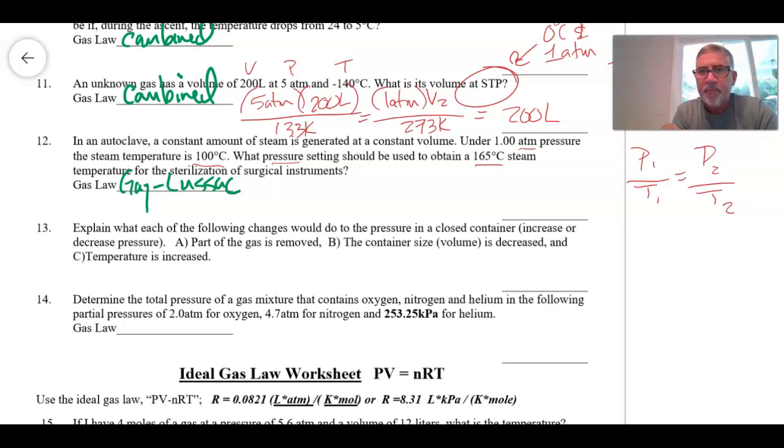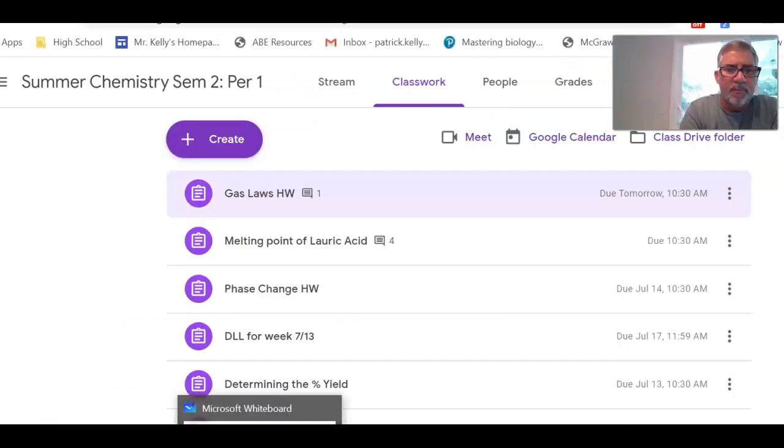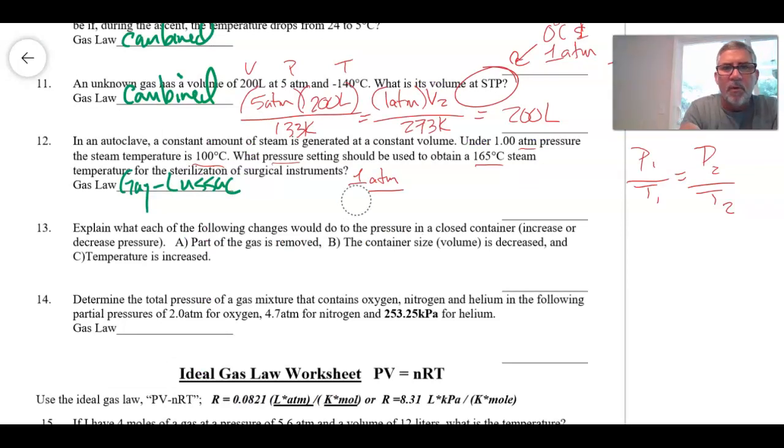All right. So my P1 is 1 ATM. My T1 is 100, so I'll change that to 373 Kelvin, because I got to go to Kelvin first.